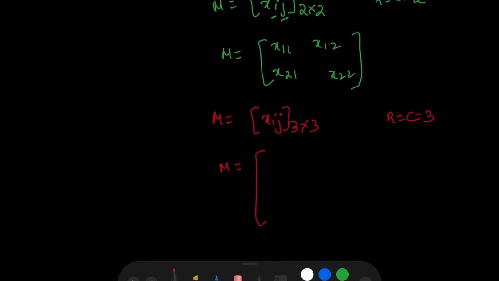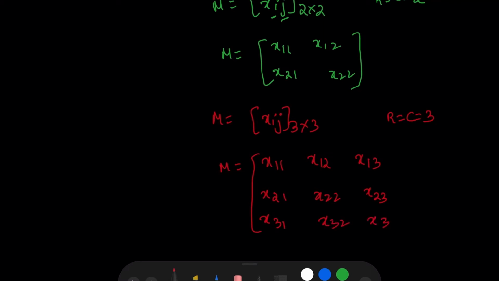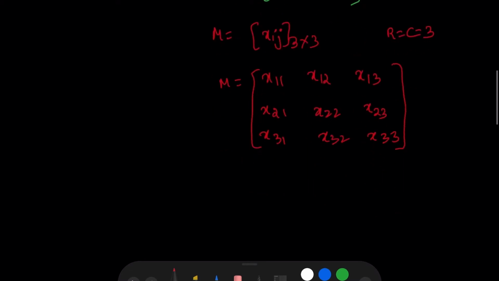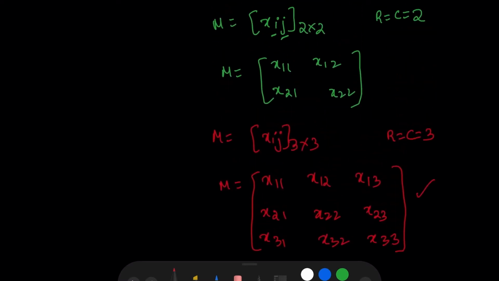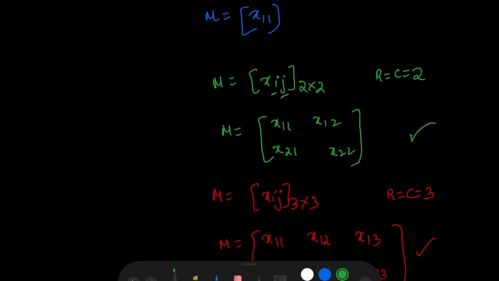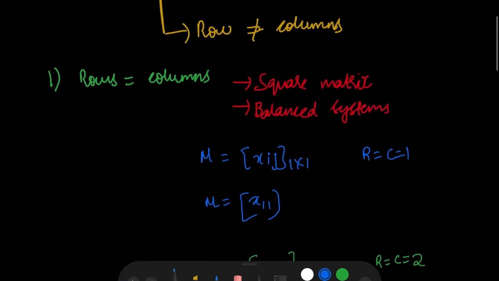And the matrix M will be equal to x11, x12, x13, x21, x22, x23, x31, x32, x33. Right, so this is how you build a matrix when the number of rows is equal to the number of columns. This forms a 3 by 3 matrix, this forms a 2 by 2 matrix, and this forms a 1 by 1 matrix.